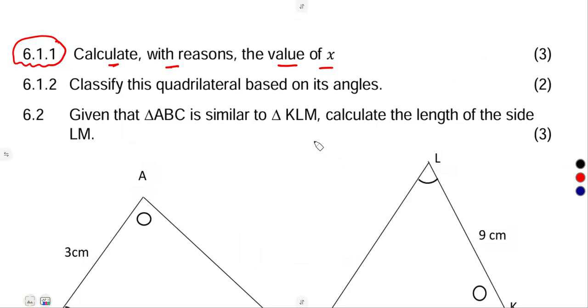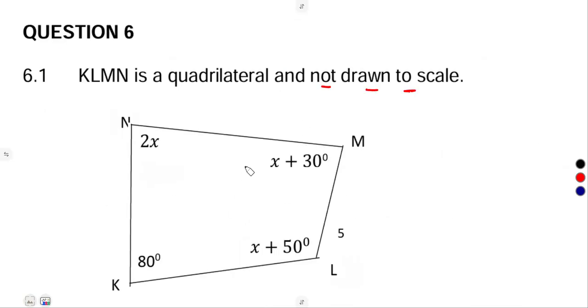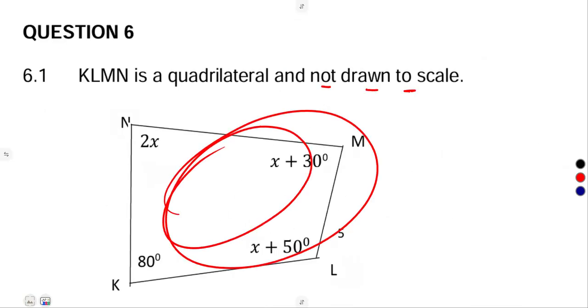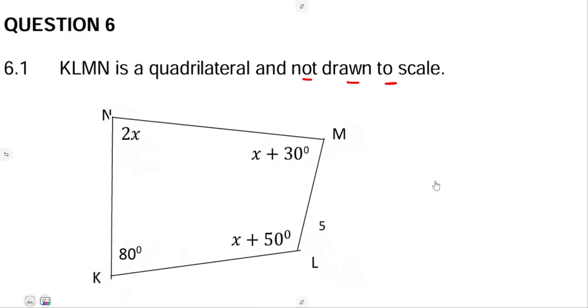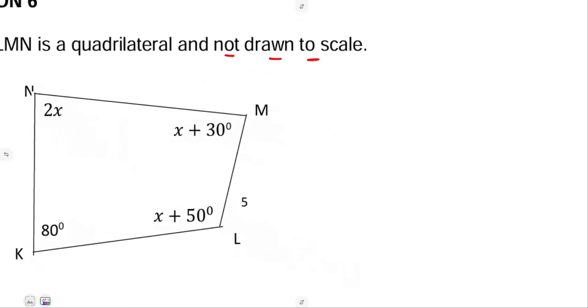Looking into this quadrilateral, we just have to use the concept of angles in a quadrilateral. Remember, the interior angles add up to 360. We do not have a special name for this quadrilateral, like a kite, so for now we do not have any special name.